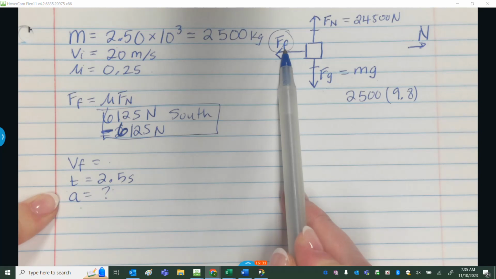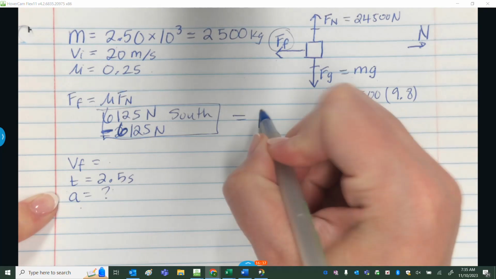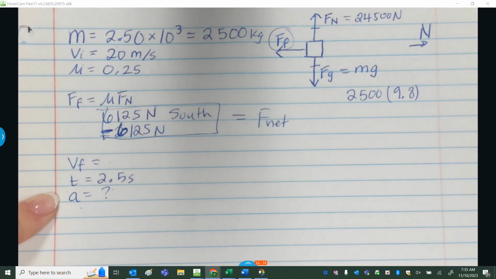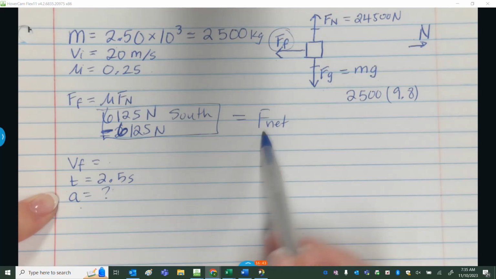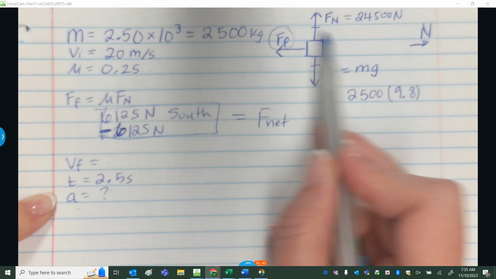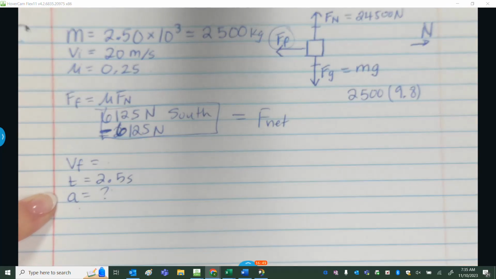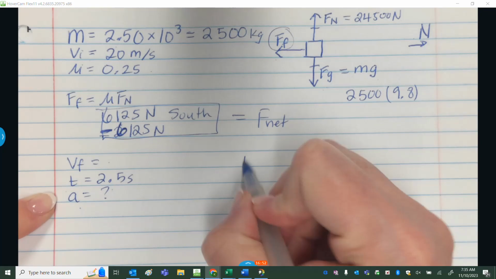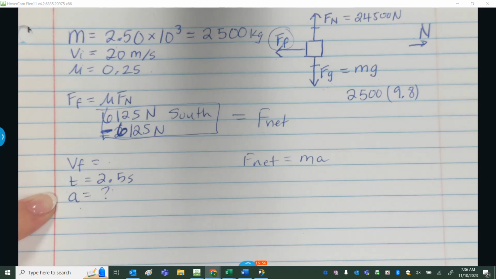It's the only force acting in the horizontal direction, and vertically I don't have a net force. I just found F net when I found FF. So I can use this as my net force because it is the only force that's causing the acceleration. There's nothing else happening here. And I can use it along with my mass with this equation right here, F net equals M times A, and I can solve for A.